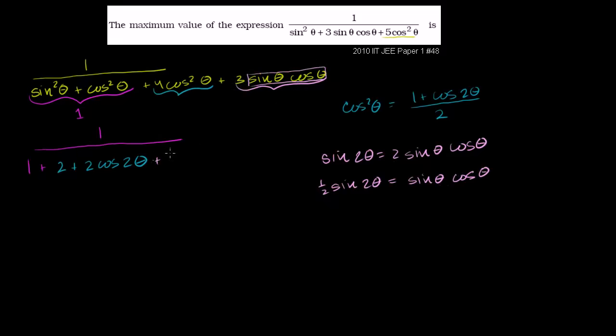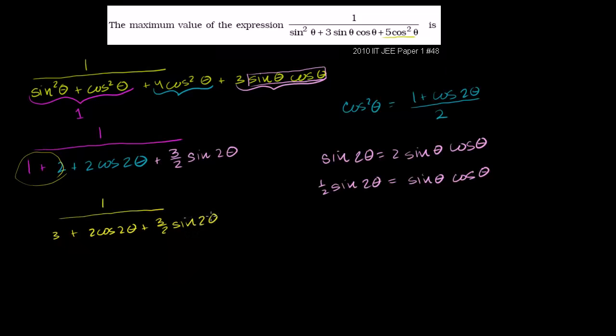So it's going to be plus 3/2 sine of 2 theta. And this part over here clearly simplifies. This is 3, so let me just rewrite it. This is 1 over 3 plus 2 cosine of 2 theta plus 3/2 sine of 2 theta.